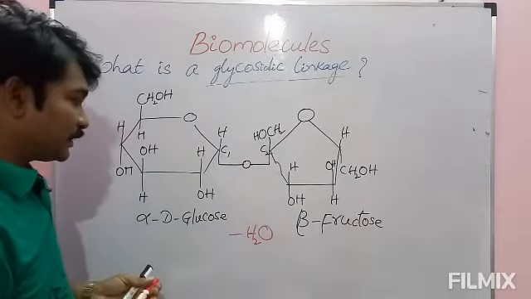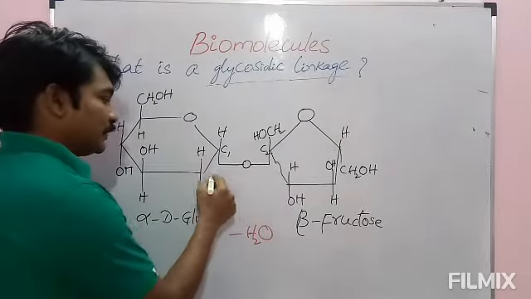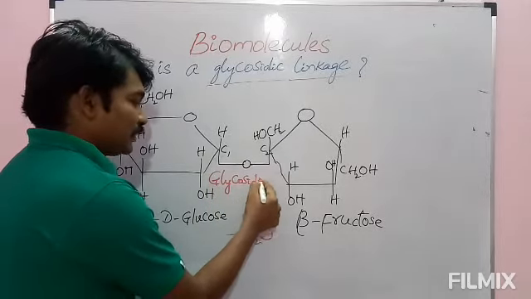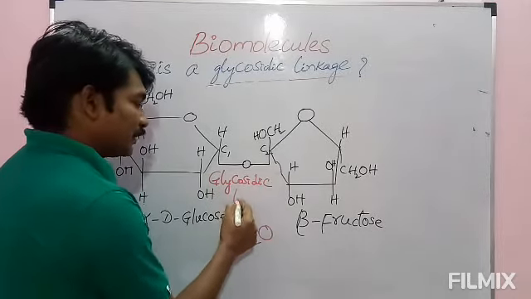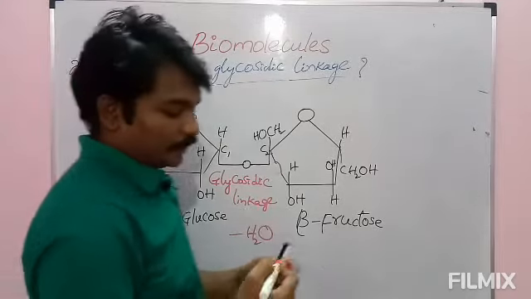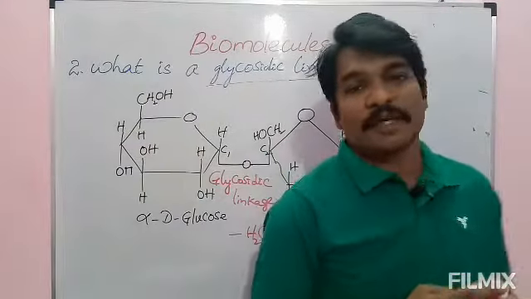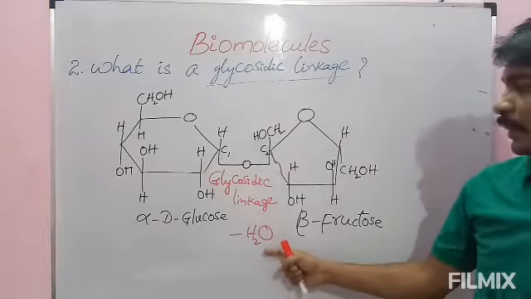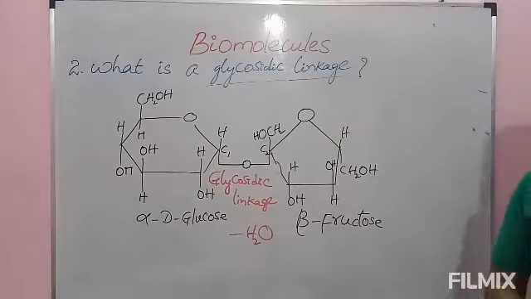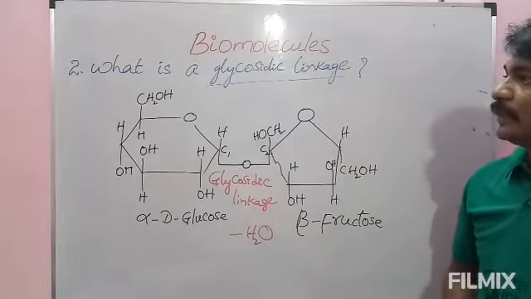This linkage is called glycosidic linkage. Glycosidic linkage is the bond formed between two monomers by losing a water molecule. This is important. Please note it down, and we will continue with the third one.